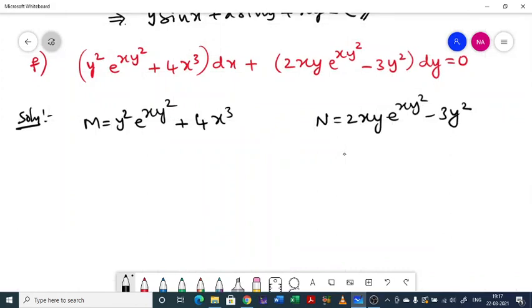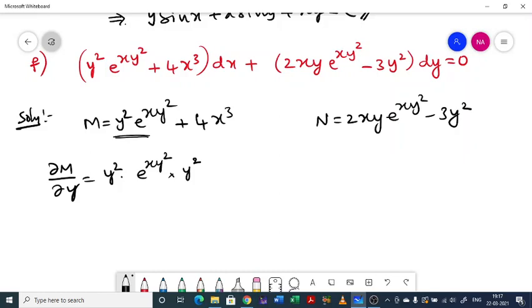Now ∂M/∂y, differentiating with respect to y partially. Here we need to apply the product rule. So first y squared into the derivative of e power xy squared. The derivative of the exponential function is the exponential function itself, so e power xy squared into the derivative of the power, which is 2xy. The 4x cubed term will become 0.